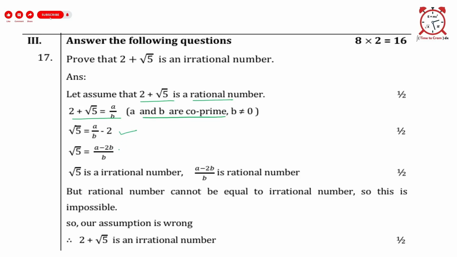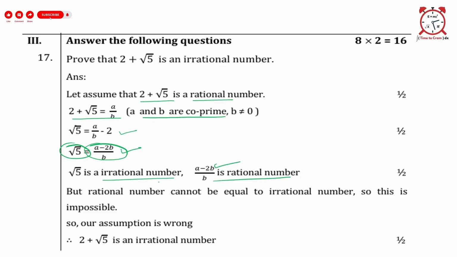In the next step, if we simplify more, we get this form of the number. Now it is very clear that root 5 is an irrational number and the RHS is a rational number, because a, b and the denominator b are all rational numbers, so the subtraction and division also give a rational number.